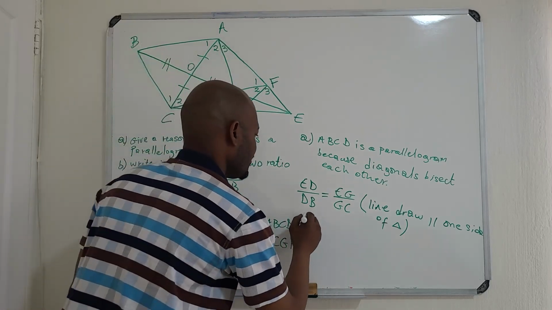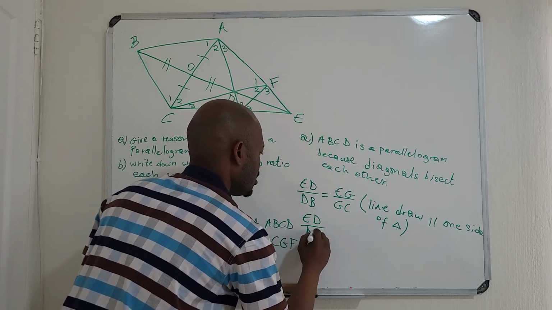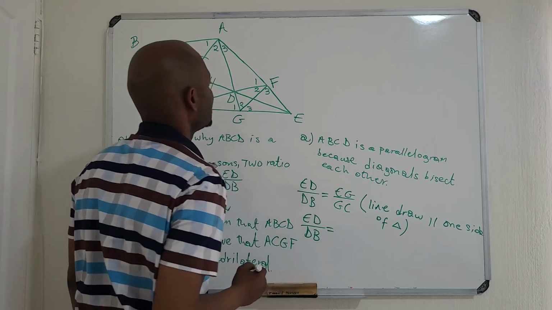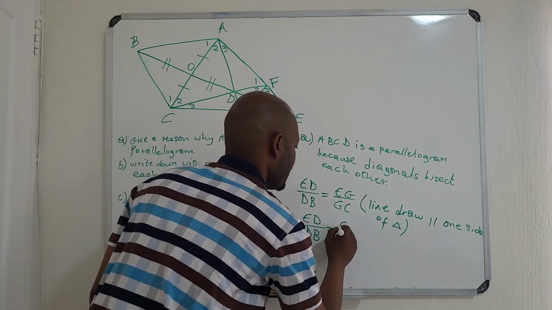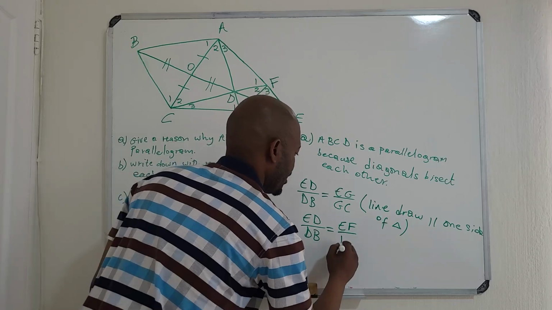There's another one: ED over DB is equal to EF over FA.